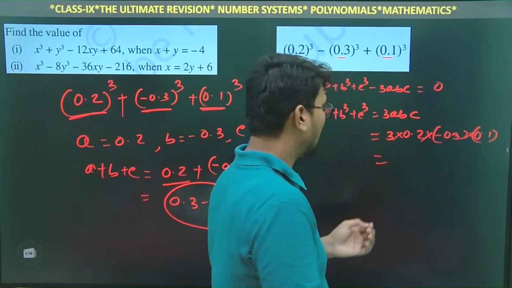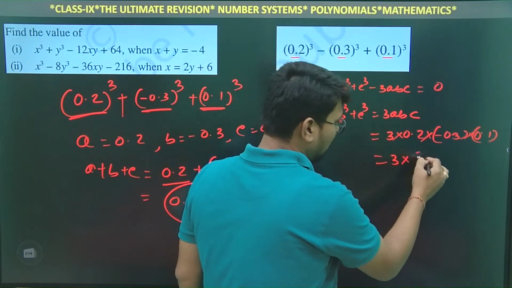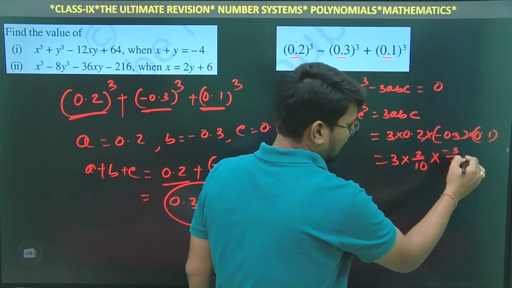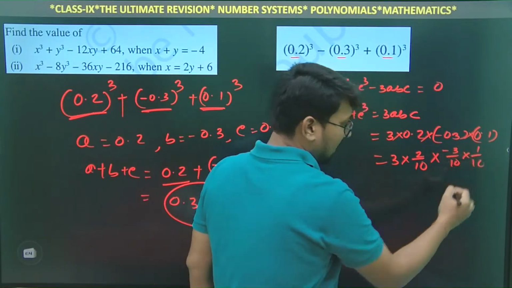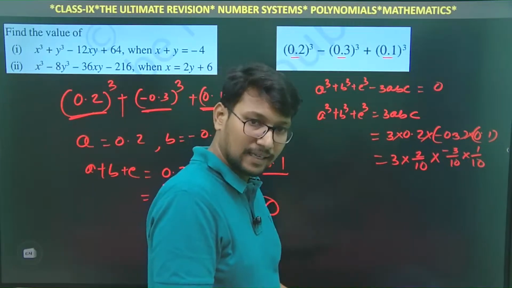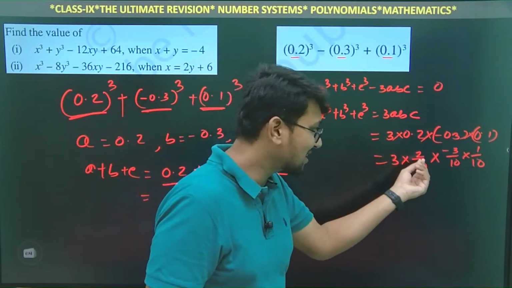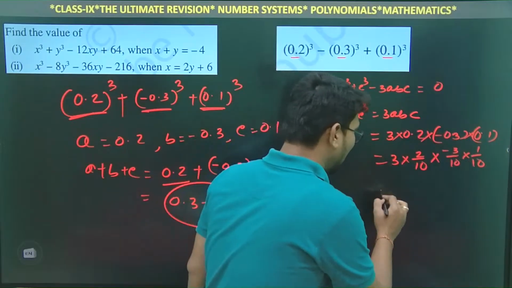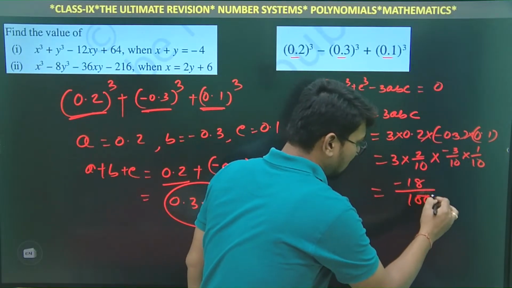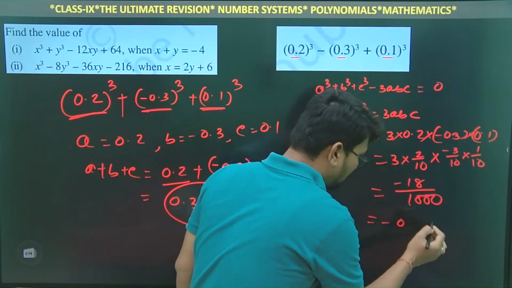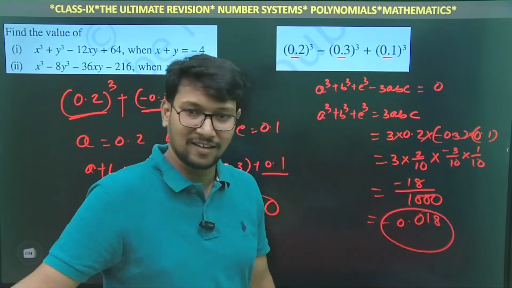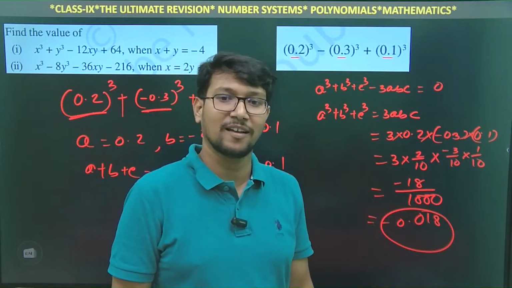If you simplify like this, 2 by 10 into minus 3 by 10 into 1 by 10, is that clear, everyone? So 3 twos are 6, 3 sixes are 18, minus 18 by 1000. So it would be minus 0.018. Is that clear?